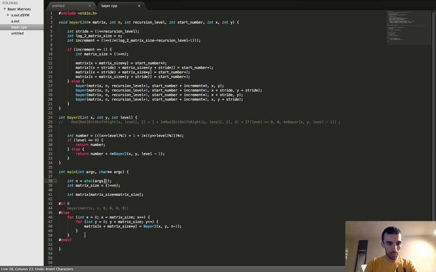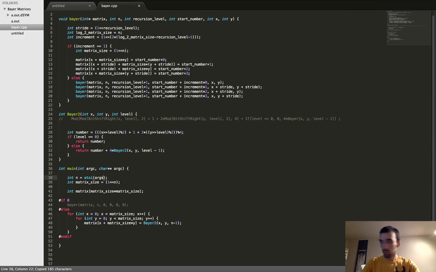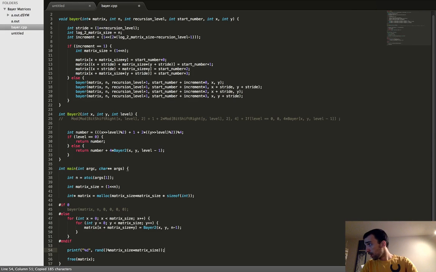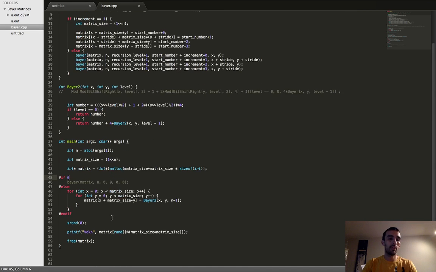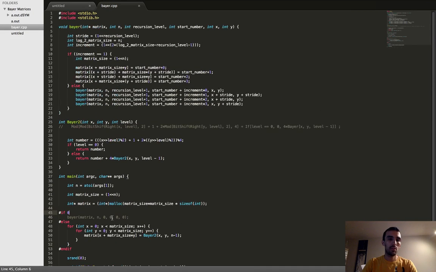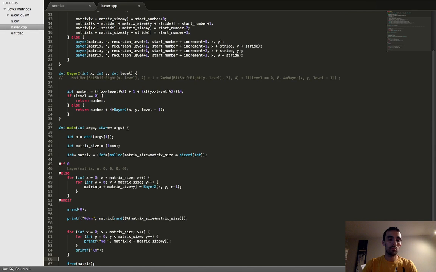Let's get the printfs back. Oh, that's true. My matrices are rotated. Yes, they are. So that would definitely cause that.